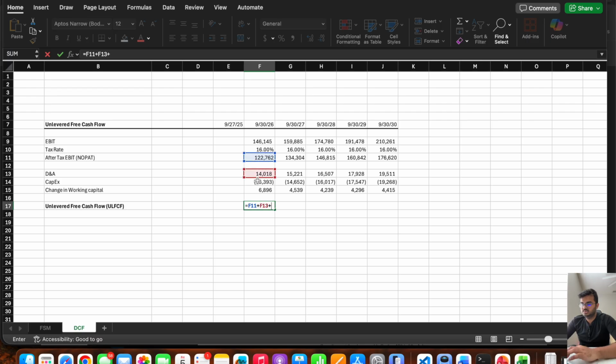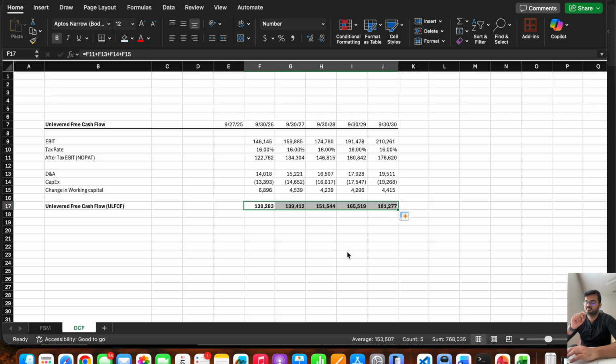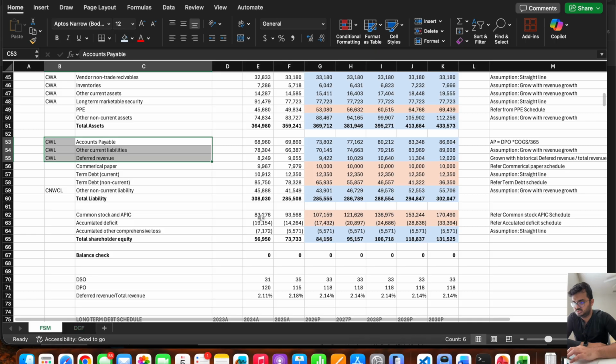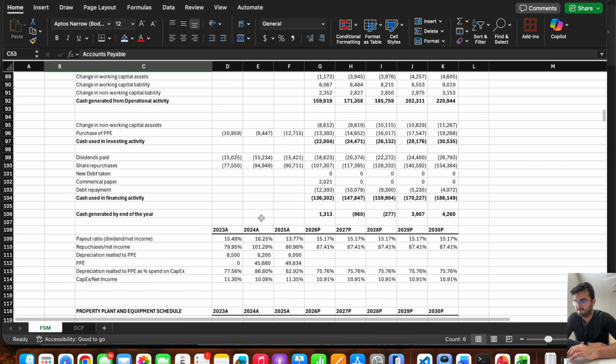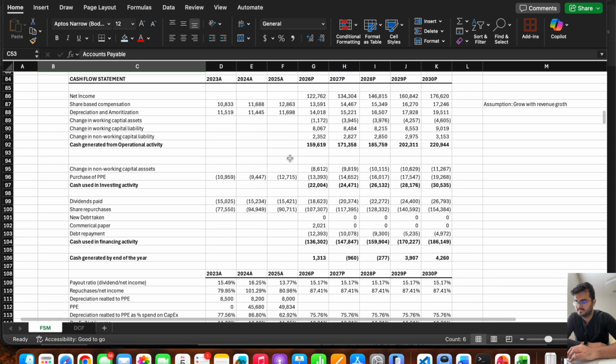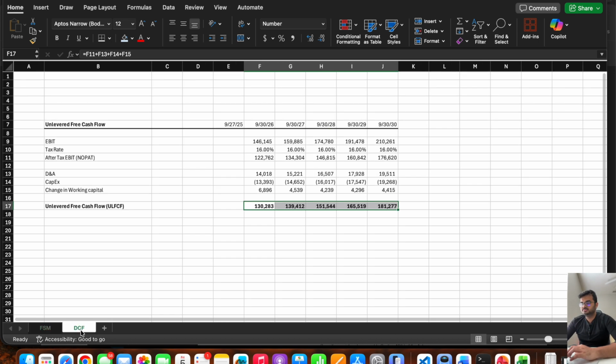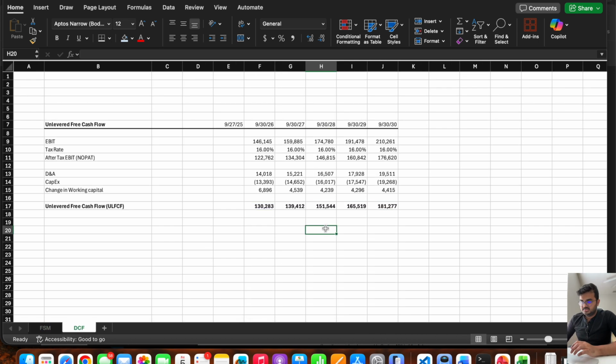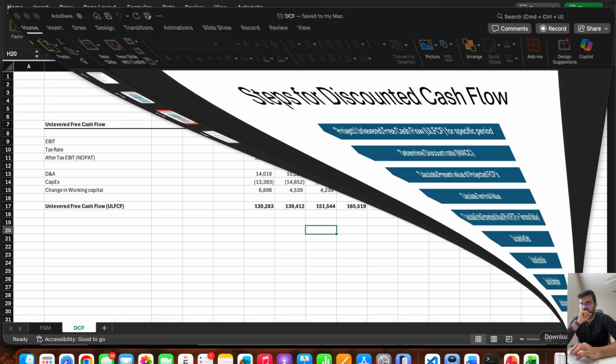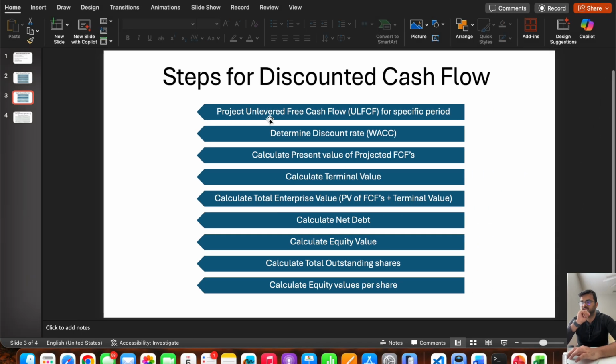Plus this, plus this, plus this, and we will project it further. Let me do a quick check here. Asset and liability, okay. Okay, the number looks fair enough. So now we concluded what was considered the first step. If you recollect, this is the first step, projecting the unlevered free cash flow for the specific period.